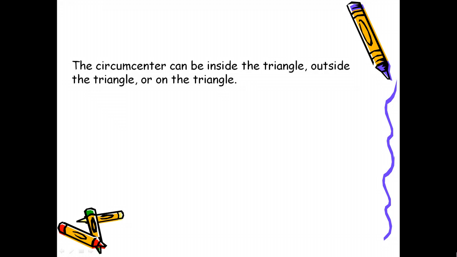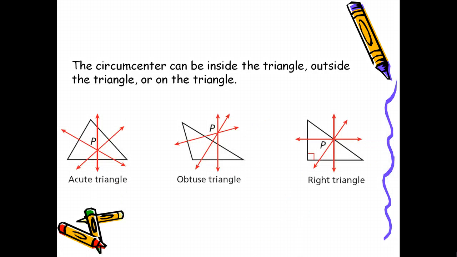The three cases I want you to look at are an acute triangle, where the circumcenter P is inside the triangle, the obtuse triangle, where the circumcenter will be outside the triangle, and a right triangle where it is on the triangle.